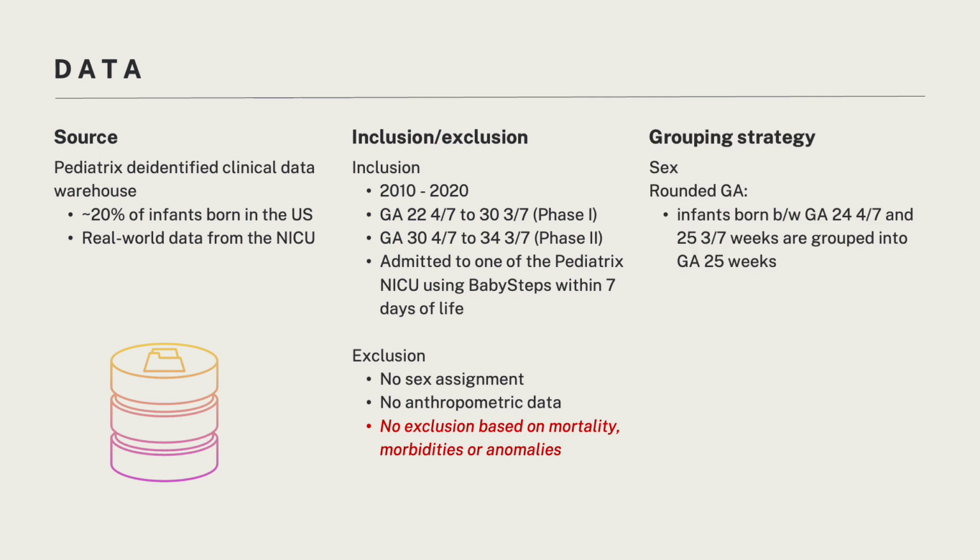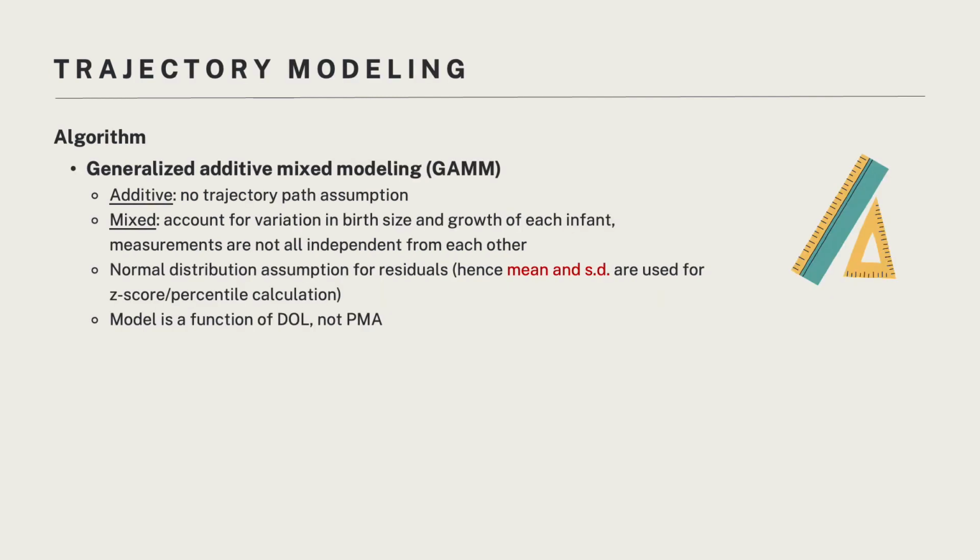We understood that there is no one-size-fits-all way to describe postnatal growth, so we grouped infants for model development using sex and rounded gestational age. The algorithm we used for growth modeling was called Generalized Additive Mixed Modeling, or GAMM.